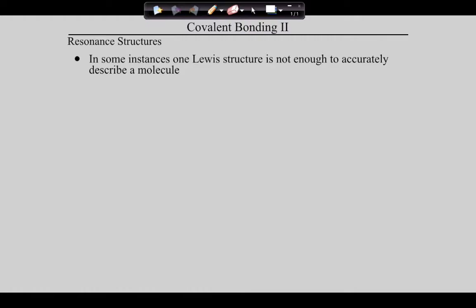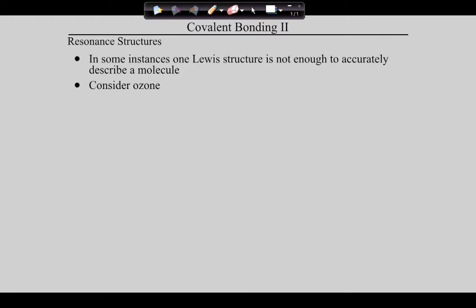Previously, relative to formal charges, we said there are multiple ways of drawing structures, but one is preferred. Today we're going to talk about the opposite: structures where one is not enough. We're going to talk about resonance. This is pretty cool. You'll see.